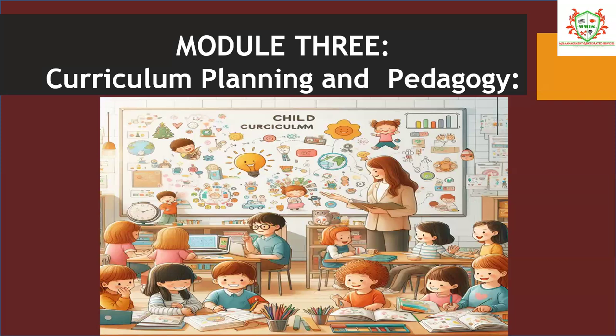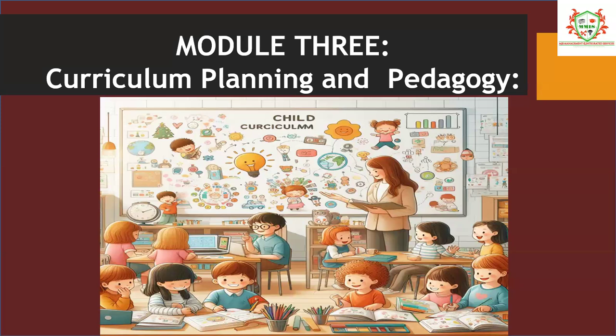Okay, the next one is differentiation. Your curriculum must carry different interests. It must carry the diverse needs, interests, and abilities of different children, different learners. It must carry different abilities and provide opportunities for them to learn.